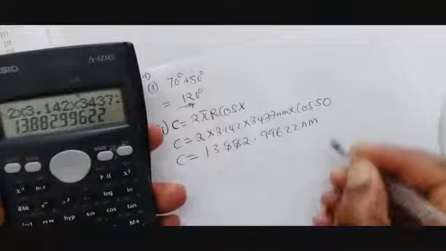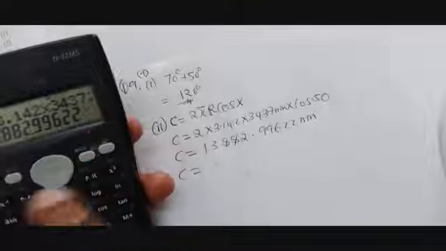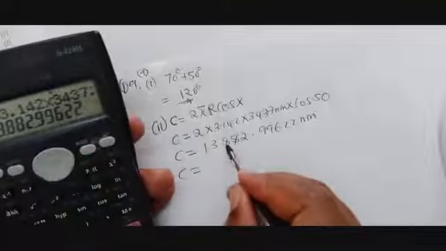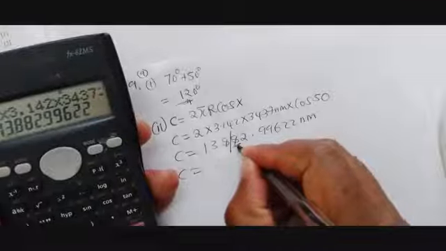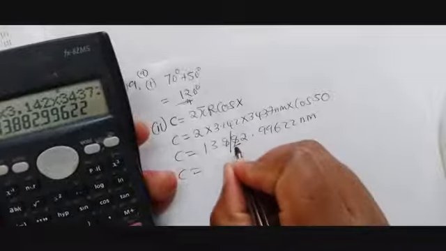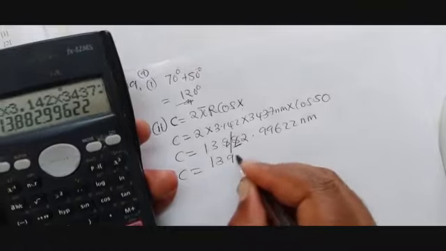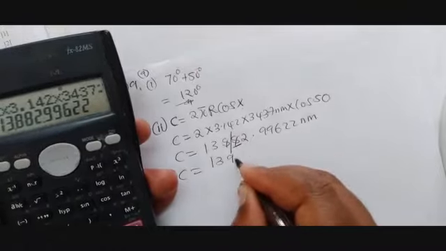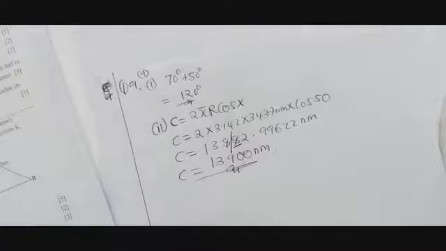All right, so you round off this now to 3 significant figures. 1, 2, 3. You cut here and consider 8 as 1. All right, then 1 plus 8 is 9. So 139. There are 2 digits before a point. So I'll say 00 nautical miles. This one is our circumference. All right.